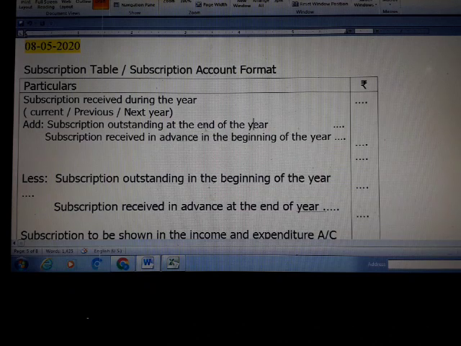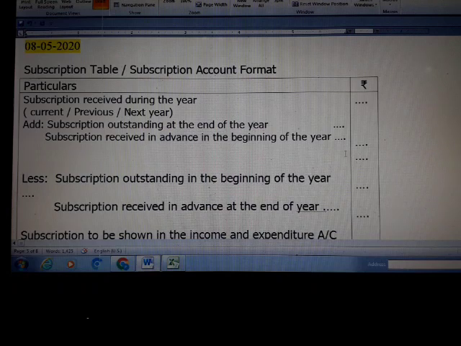The reason is that this subscription belongs to the current period, 2019-20. So you can take it for addition. Any doubt, students? Right. When you add all these three amounts, you will get one net amount.